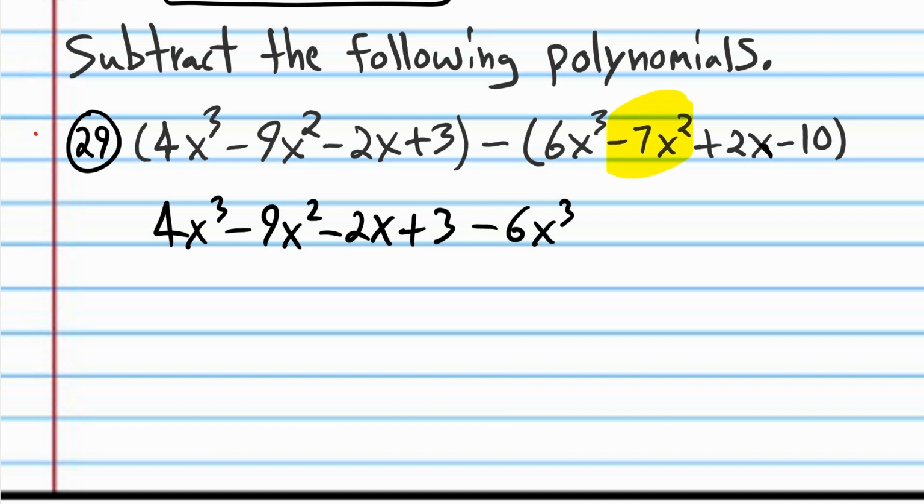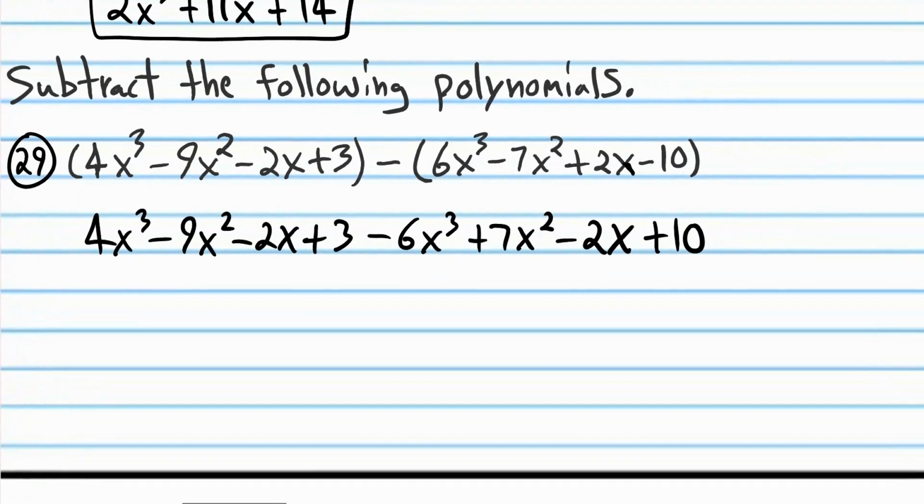This is a negative 7x squared, so it's going to become a positive 7x squared. That's because you're subtracting all these terms. This is a positive 2x, so it's going to become a negative 2x. And this is a negative 10, so it's going to become a positive 10. So that's one way to think about it. That's probably the easiest way.